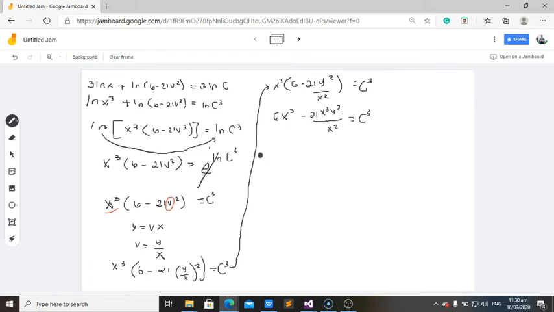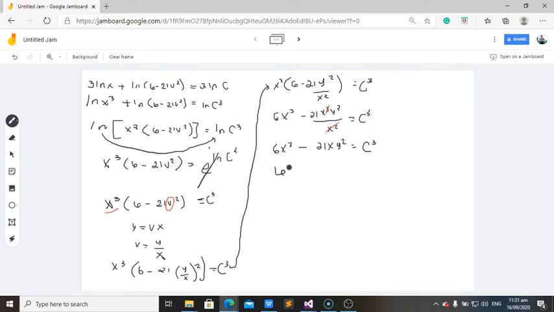From there, we could cancel this one and the whole of this. So therefore, we could have 6x cubed minus 21x, then y squared equals c cubed.